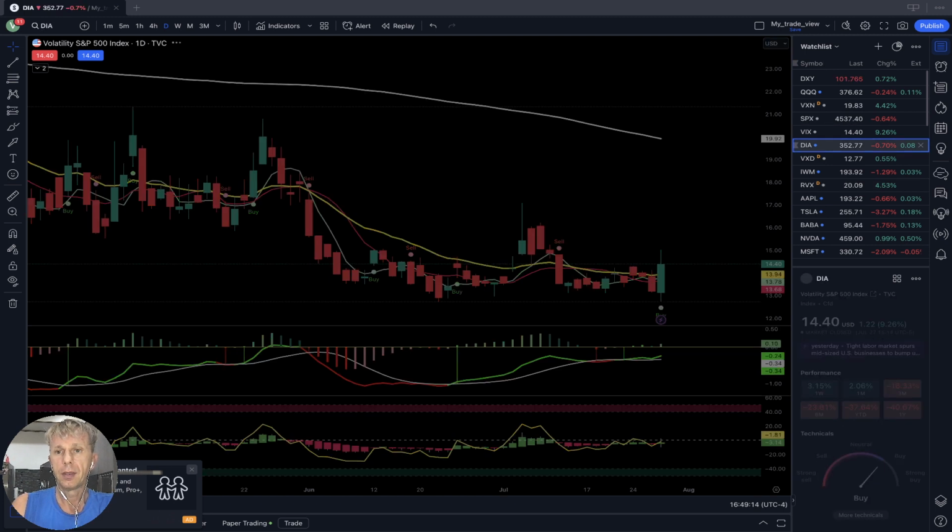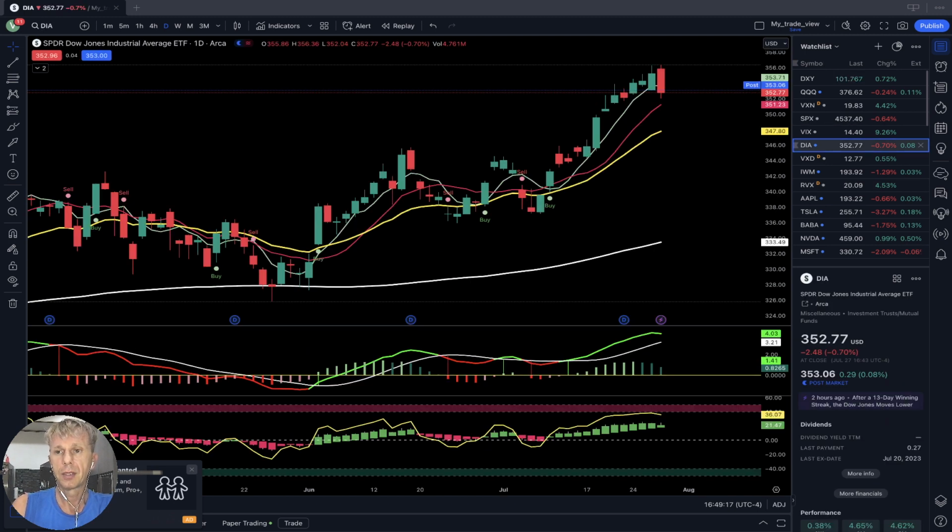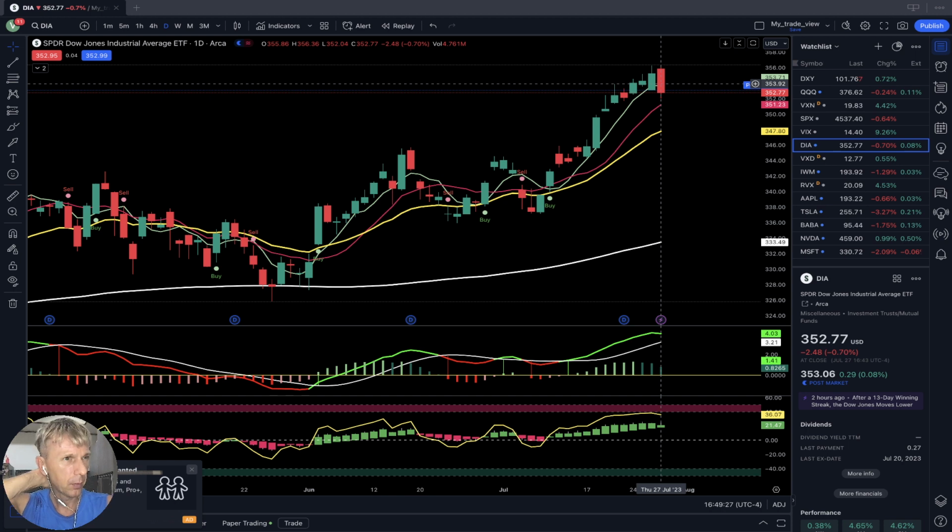Dow Jones finally is minus 3/4% because it had 13 bars of strong, straight bull run. Something like that didn't happen since 1987. We didn't see it for a very long time. Straight bull run. Finally, it did a bearish bar, red bar.